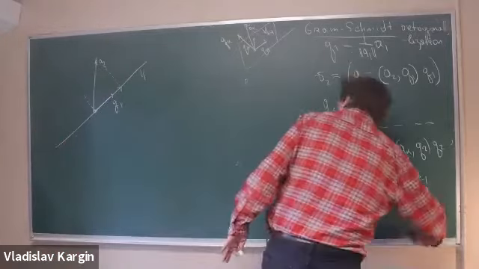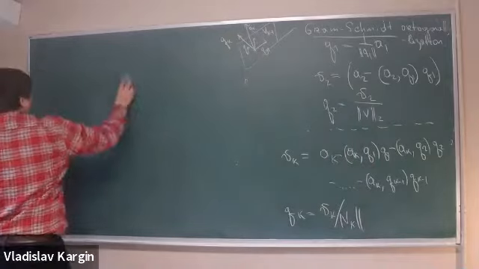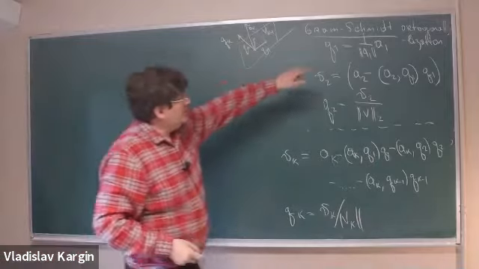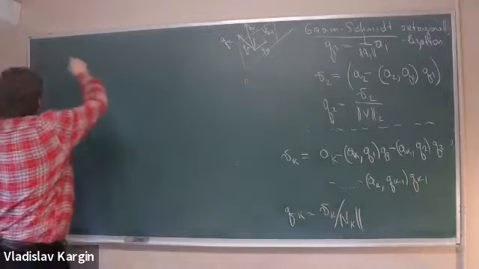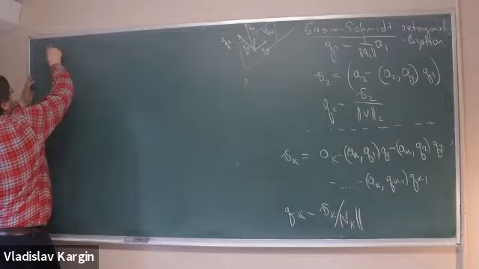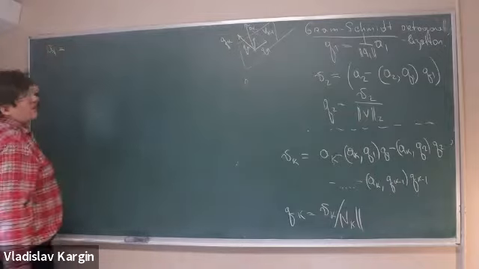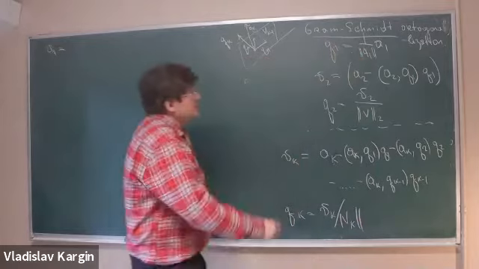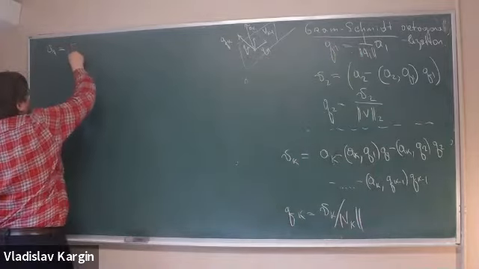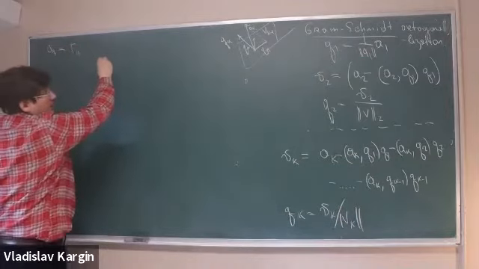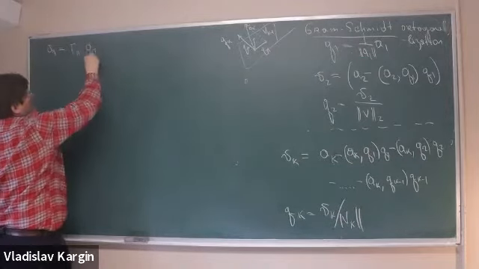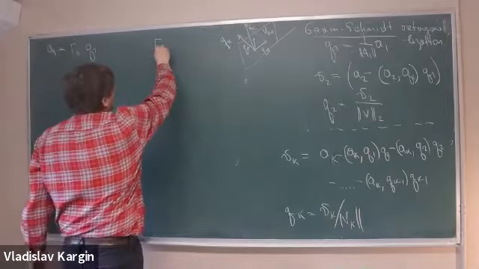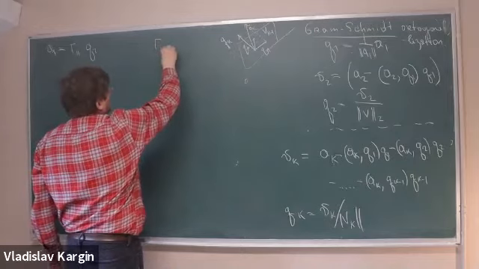So we write a1 is equal to, and let us call this thing R11, so it's equal to R11 times q1.